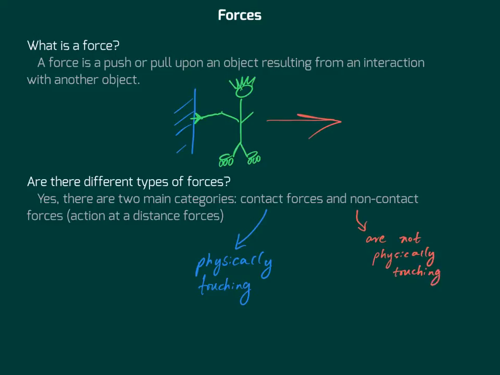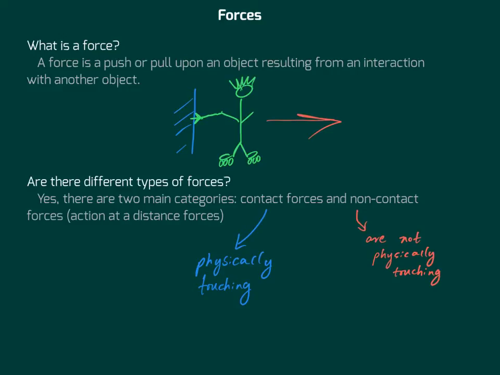So these ones are a little bit harder to understand, I think. For example, we have a contact force up here because that person was touching the wall. However, how can we have a push or a pull when objects are not physically touching?